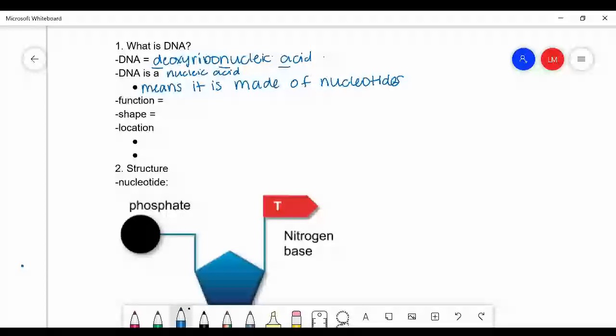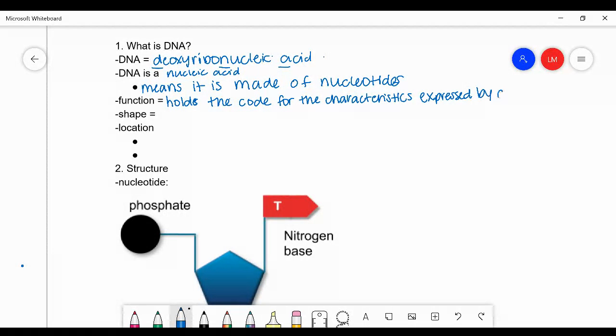The function of DNA is that it holds the code for the characteristics expressed by an organism. So it has the instructions.